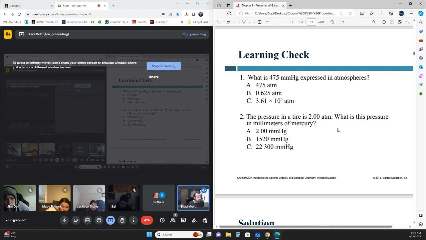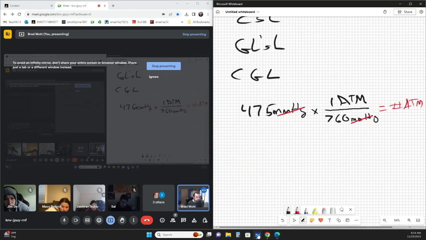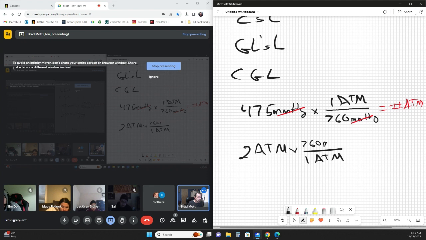The pressure in a tire is 2 atmospheres. What's the pressure in millimeters of mercury? So, dimensional analysis once again. Let's follow along. A little easy math to get your brains going today. Like we just saw, for each 1 atmosphere, we have 760 millimeters of mercury.